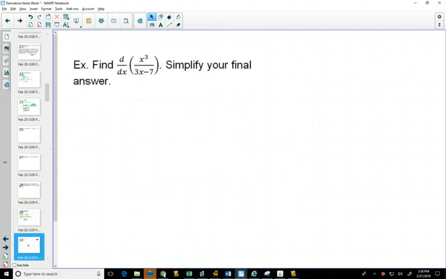So in this one, it says find the derivative, and we want to simplify our final answer as much as possible.